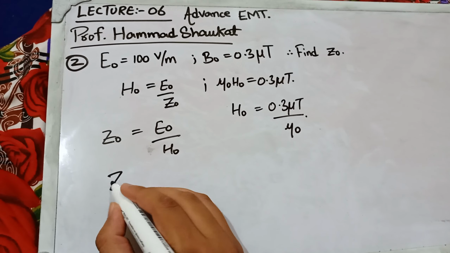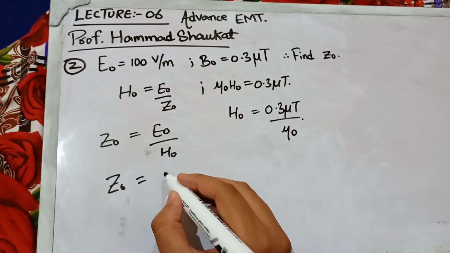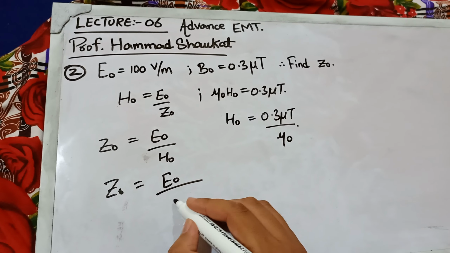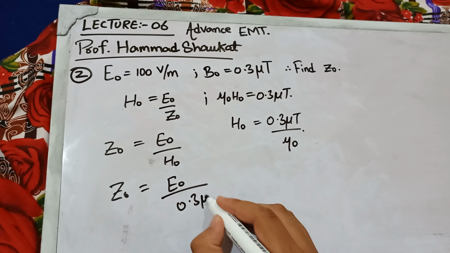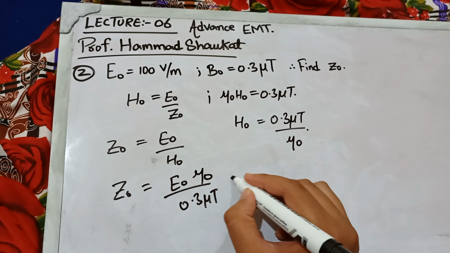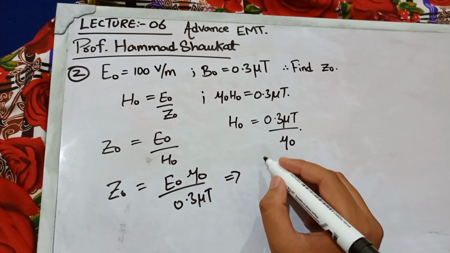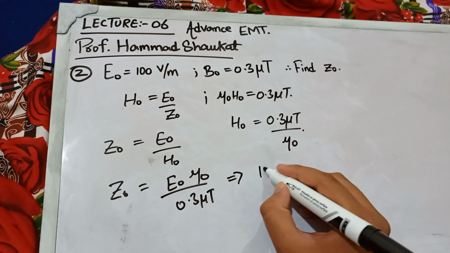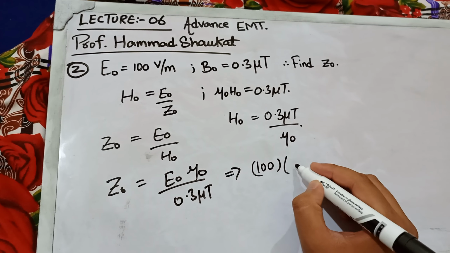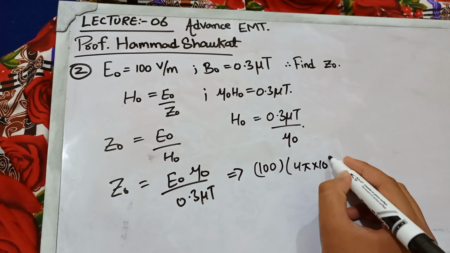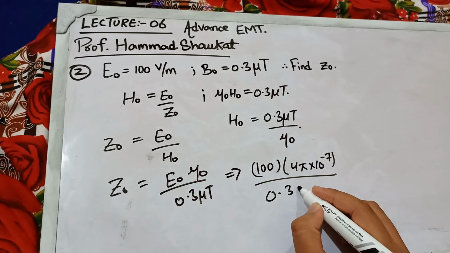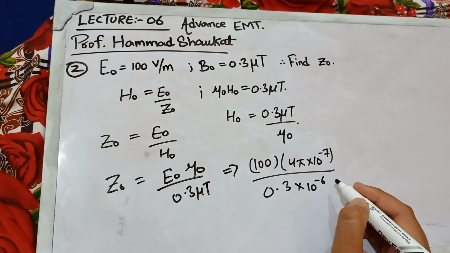So Z naught becomes equal to E naught divided by H naught. The value is 0.3 micro Tesla divided by mu naught, so mu naught comes to the upper side. After putting in the values, you know that E naught is equal to 100, and mu naught is a constant, equal to 4 pi into 10 raised to power minus 7, divided by 0.3 into the micro value, 10 raised to power minus 6.